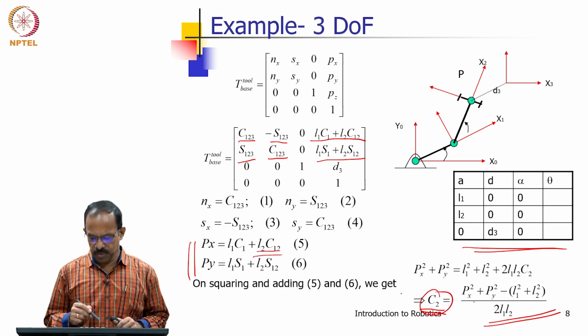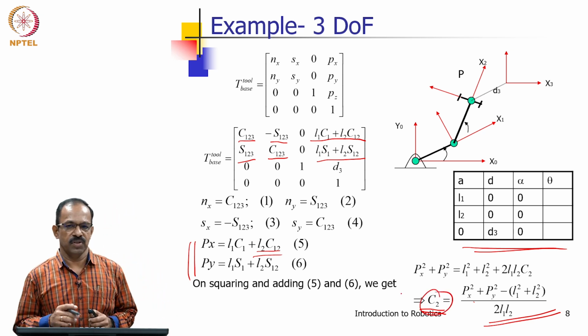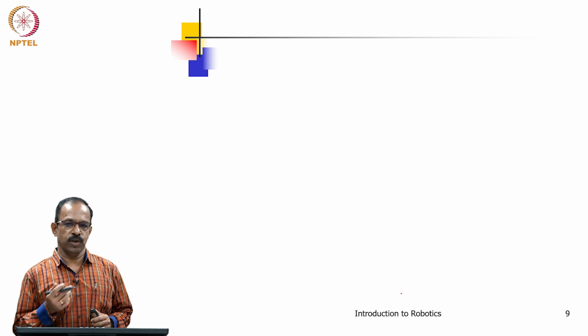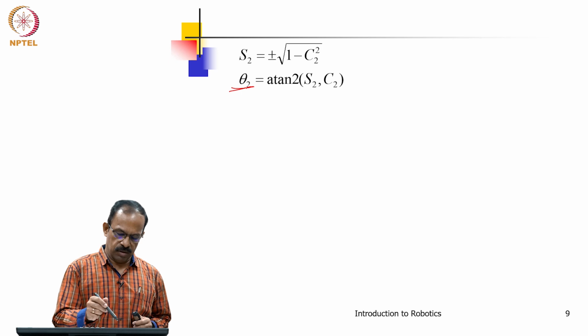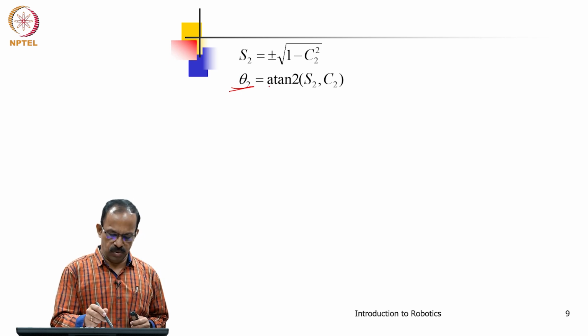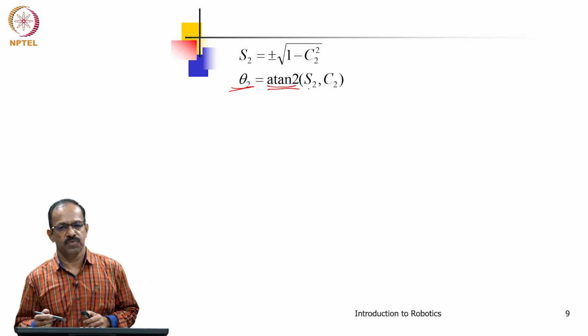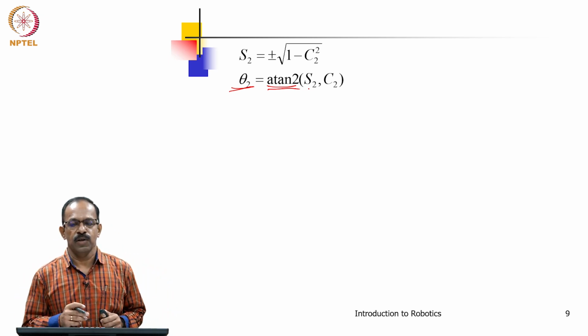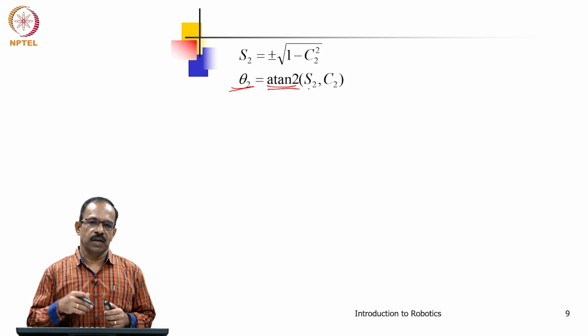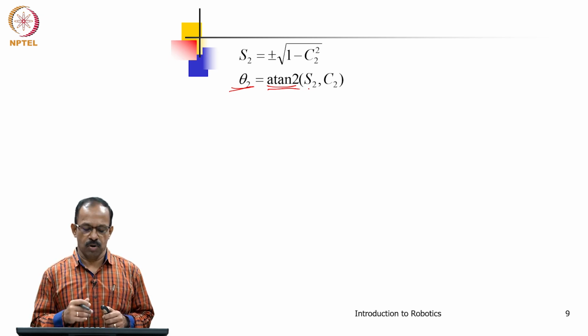Once we get C2, we do not directly use C2 for getting theta 2; we will find S2, and using S2 and C2 we will find theta 2 using the function A tan 2. So, this is what we discussed in the last class. The A tan 2 gives you the value of the joint angle in the respective quadrant.